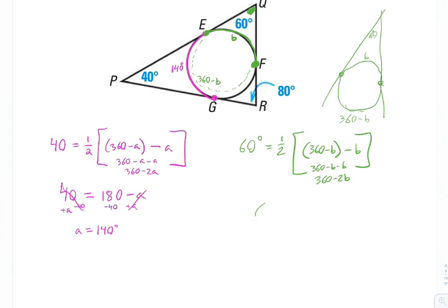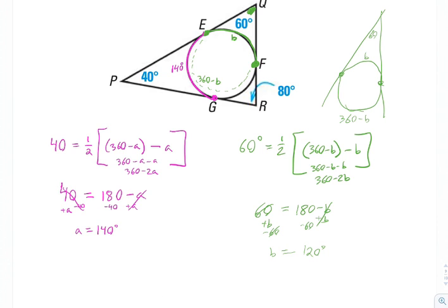I'm going to distribute in the 1/2, so I get 60 equals 1/2 of 360, minus 1/2 of 2B. Adding the B, subtracting the 60, I get that B equals 120.